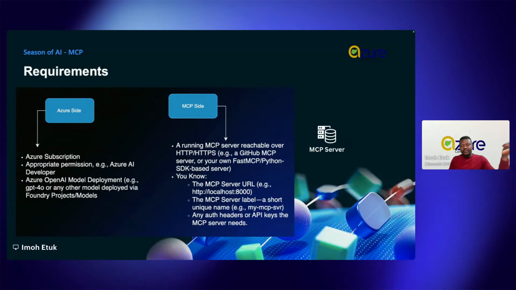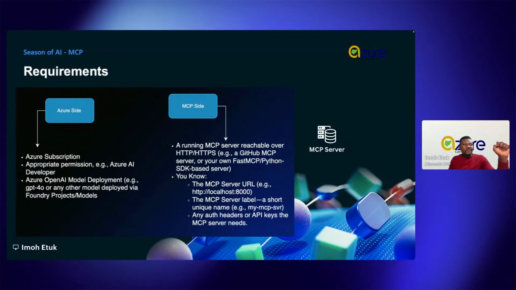So you need to have appropriate permission in the Microsoft Foundry agent or AI services. Azure AI services need to at least have an Azure AI role like developer, and that is managed by the Entra ID RBAC permission.